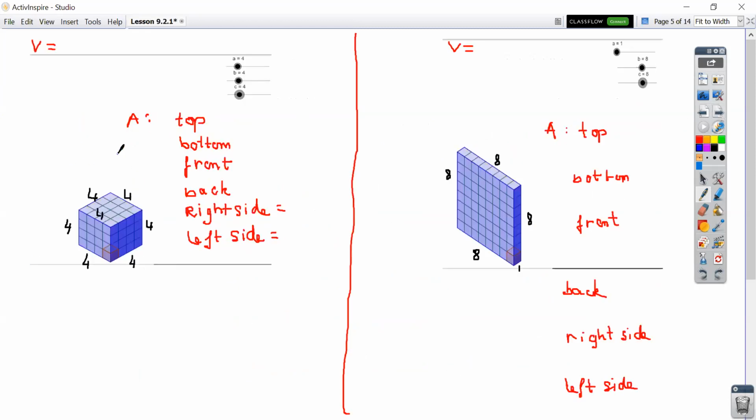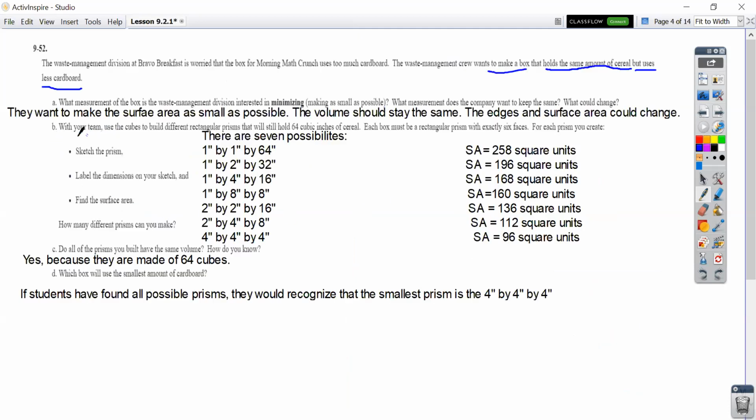You can use it to find the answers for questions B, C, and D. If you do it together with your team members, hopefully your groups will find there are 7 possibilities to get exactly the same volume, but different surface areas. So these are the answers for question B.